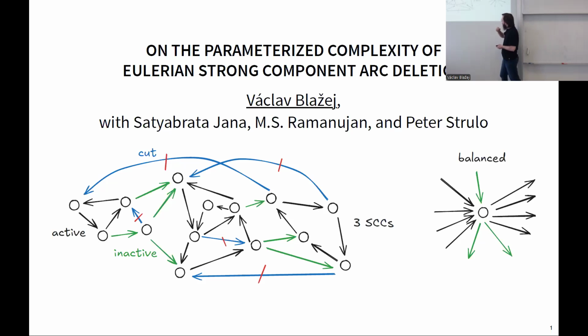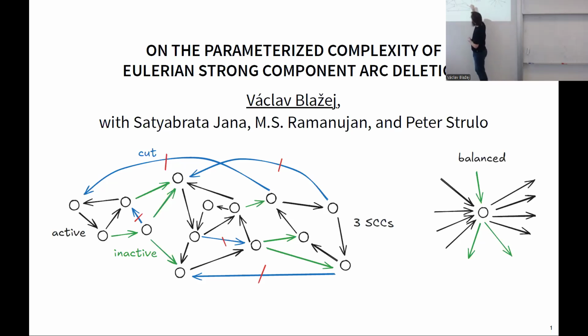So let us see what it means. If you remove the blue edges here, you notice there are 3 strongly connected components. Those are the black edges. The green edges are coming between strongly connected components. If you never heard about strongly connected components, it means you can always reach from one vertex to the other and back, right?